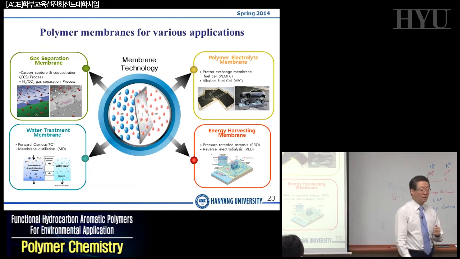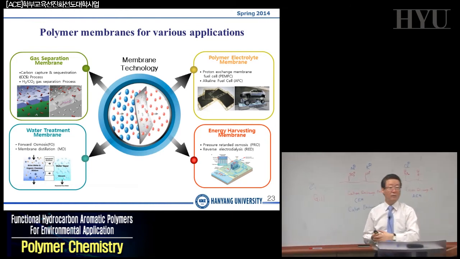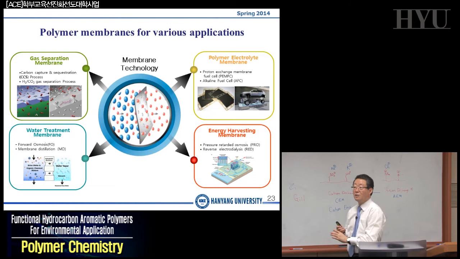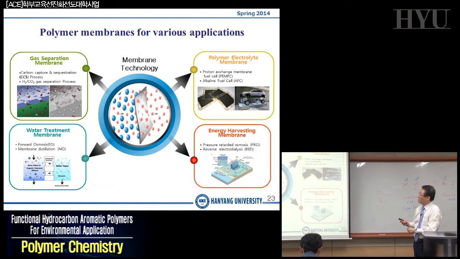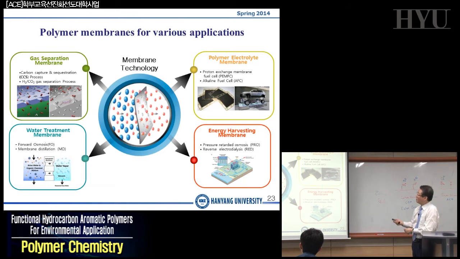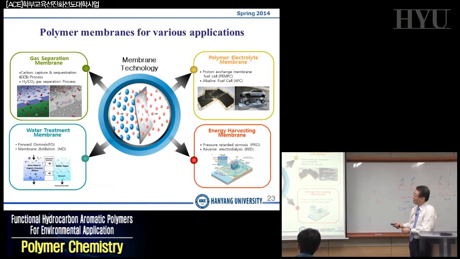So this is a little bit of introduction about the thin polymer film that was functionalized to make films for many applications, like energy applications and the separation applications of smaller gas molecules and smaller water molecules.